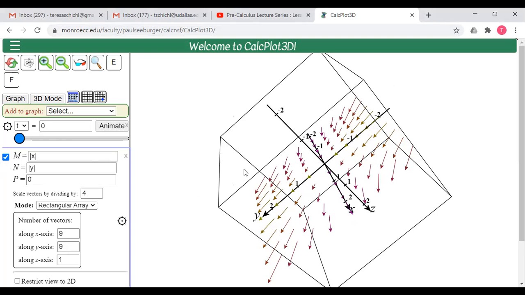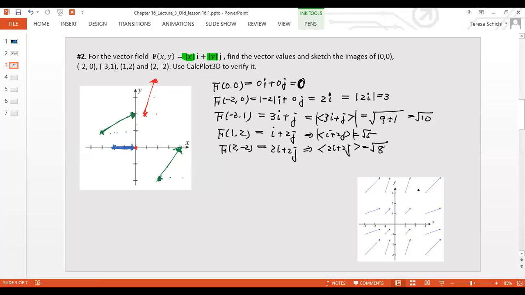Of course, here you can choose how many vectors you want to plot and how dense you want the vector field to be. I hope you will have a chance to try it. This is the output of the vector field from the software, so it can help you create the vector field and give you a vision of what it looks like.